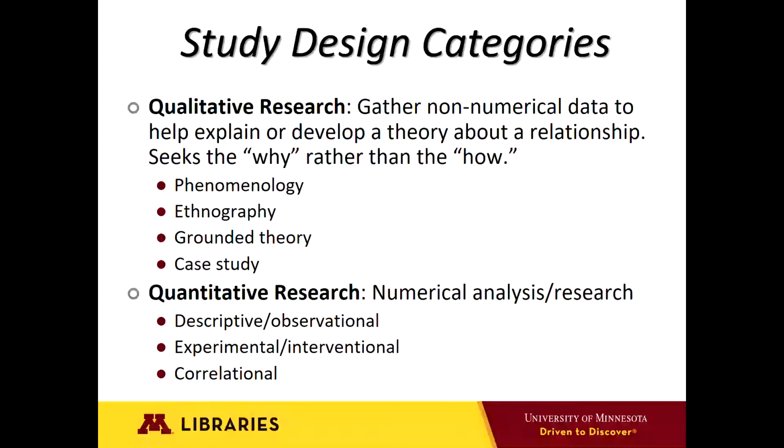Qualitative methods try to gather detailed, rich data, allowing for an in-depth understanding of research phenomena, seeking the why rather than the how. Many research works make use of a mixed methods approach. A mixed methods approach uses both qualitative and quantitative research methods in order to gain a more comprehensive understanding and explanation of the research problem being studied.